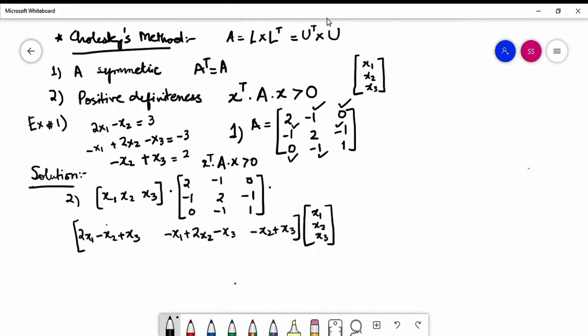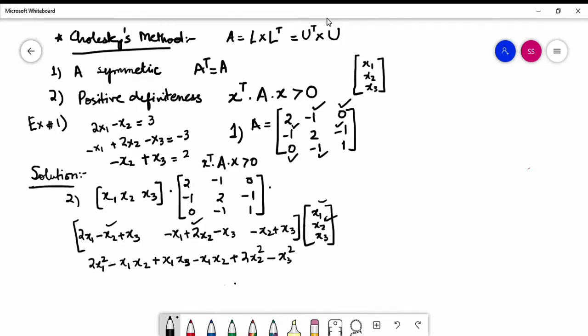So this element with x1 makes it 2x1 squared minus x1 into x2 plus x1 into x3, and also, if I multiply this with x2, then it will be minus x1 into x2, plus 2x2 squared minus x3 square.